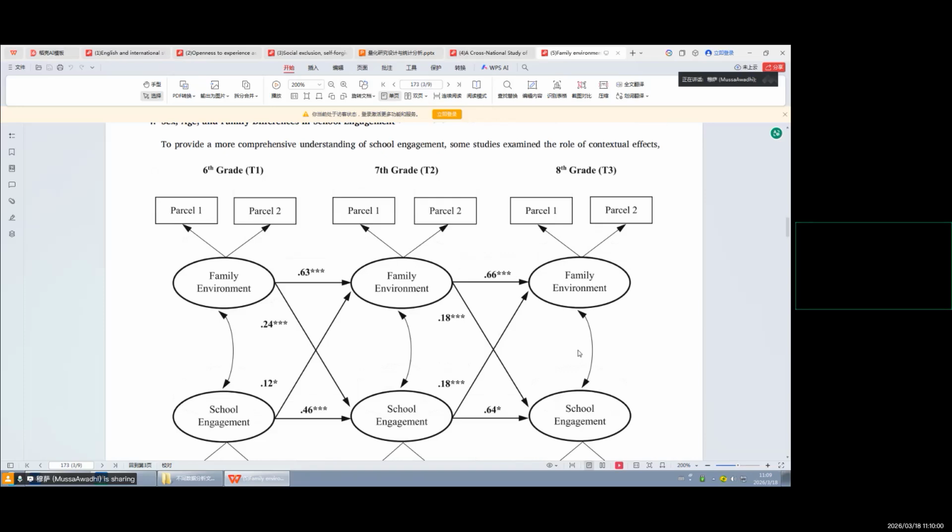Okay, take a look. What is the big feature here? You can see from 6th grade to 7th grade to 8th grade. What does it mean? From 6th, 7th to 8th grade. This is what?